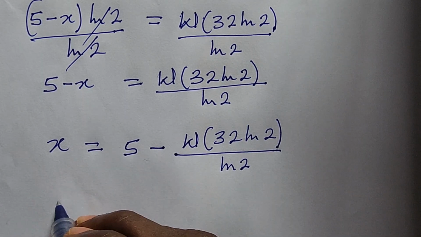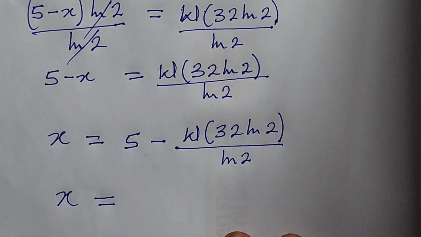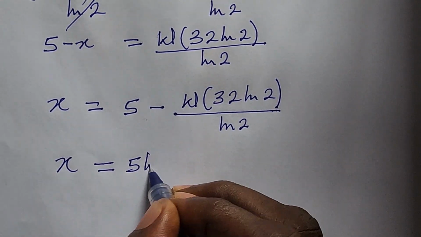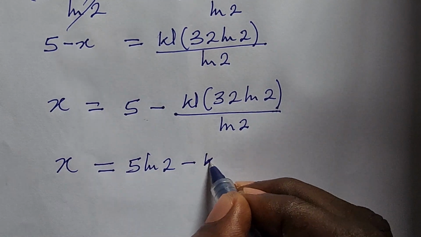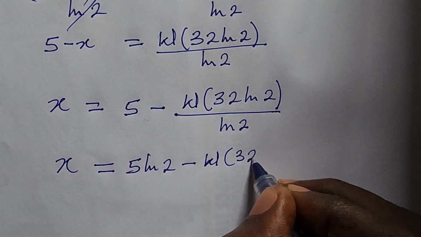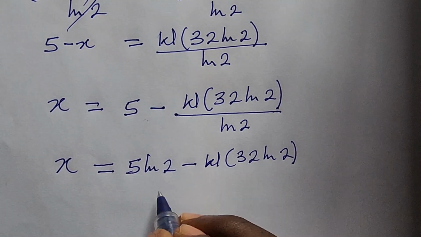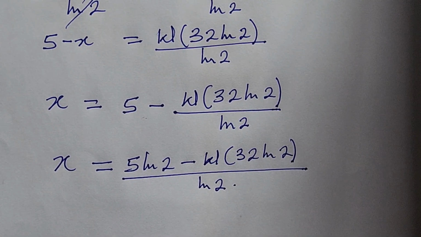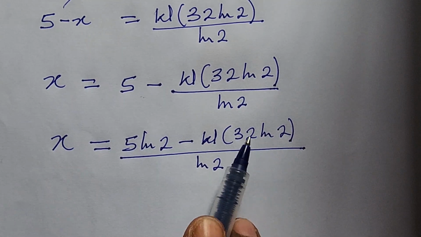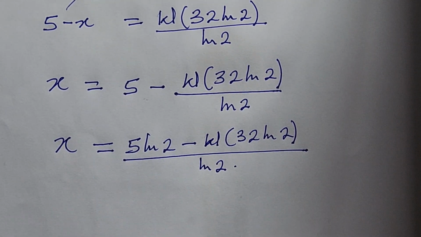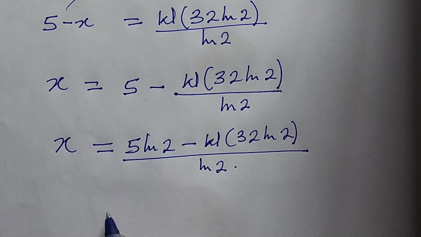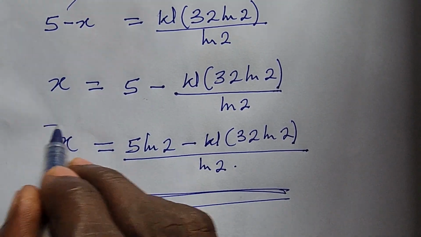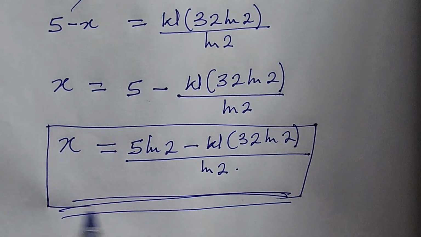So we can rearrange this to give us x will now be equal to, use this to times this, to give us 5 ln of 2 minus the Lambert W function of 32 ln of 2, then all over ln of 2. So if you input this into your Wolfram Alpha calculator, it will give you a value. So you can get the value of x from Wolfram Alpha calculator. All right, so this marks the end. So this is the value of our x.